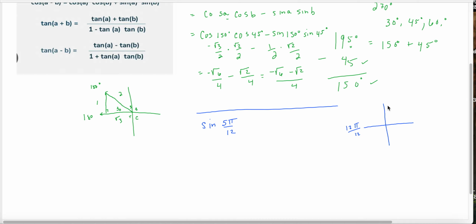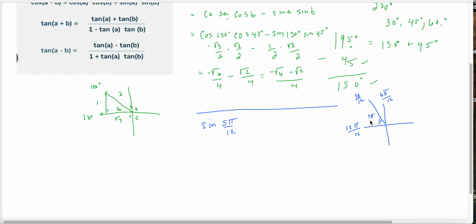Pi over 2 would be 6 pi over 12. So 5 pi over 12 would be somewhere right here. Remember that reference angle is always made with the x-axis. So that would give us a reference angle of 12 minus 5 is 7 pi over 12.